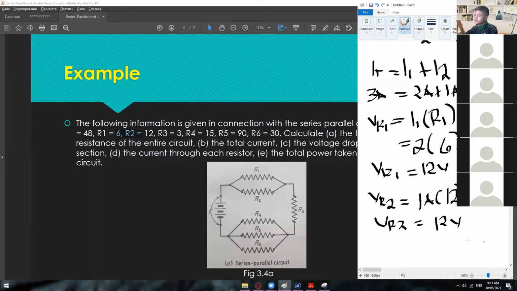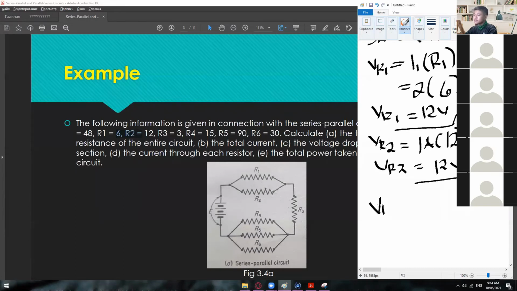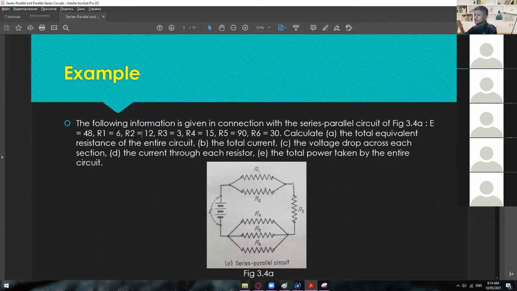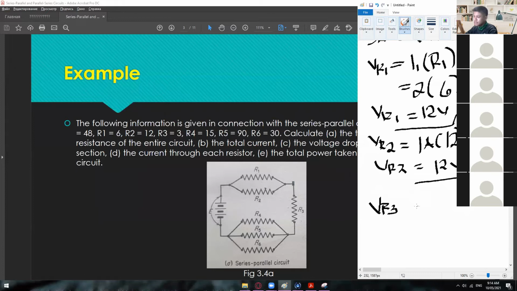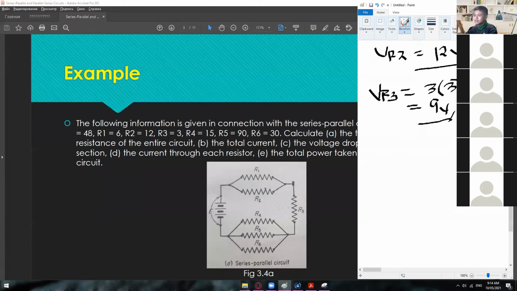So yan yung mga individual voltage drop across R1 and R2. Ganun din for the R3, of course, yung current dito mismo is already total current. So gagamit na tayo ng 3 amps times 3 ohms, wherein we have a voltage drop of 9 volts in here.